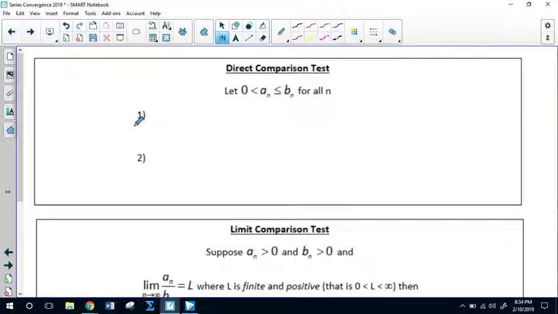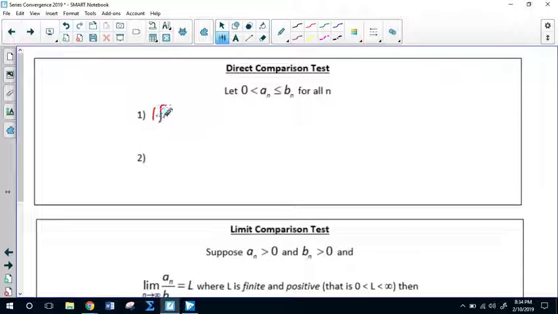The rules are the same as they were in the previous chapter. If you have two series, the first one will be a sub n and the other one will be b sub n, and a sub n happens to fall between 0 and b sub n. This has to be true. This is the comparison test.